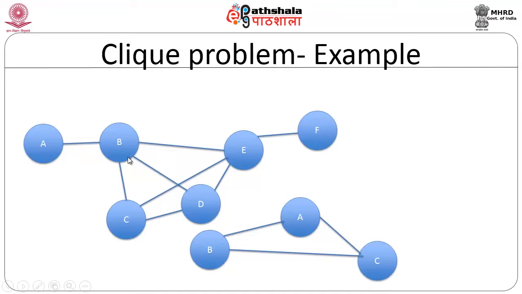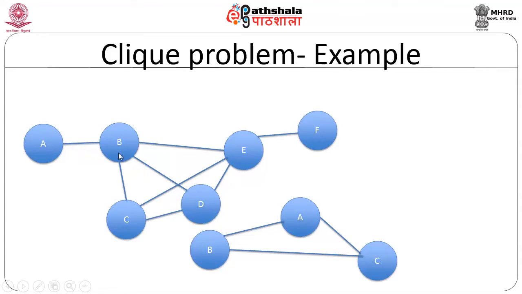B, C, D, E is a clique, which is a completely connected graph, where there is an edge between any node and any other node.